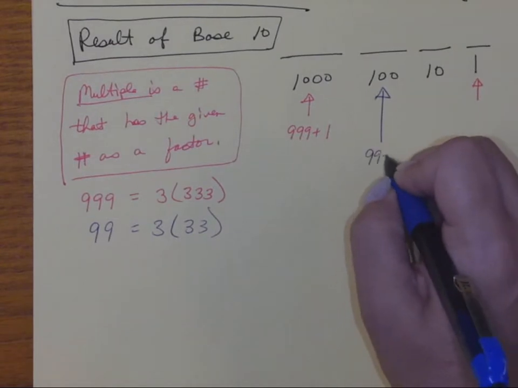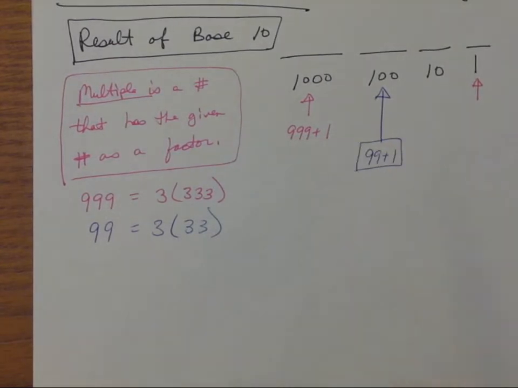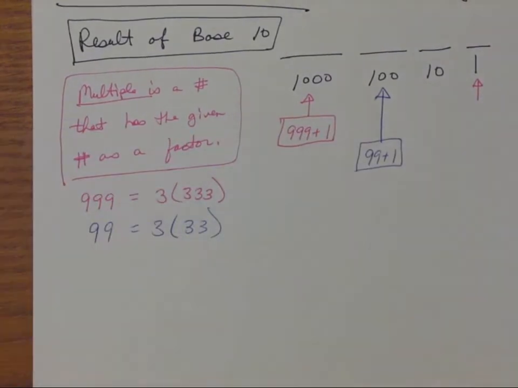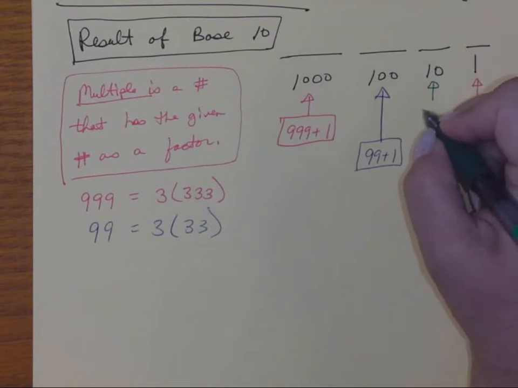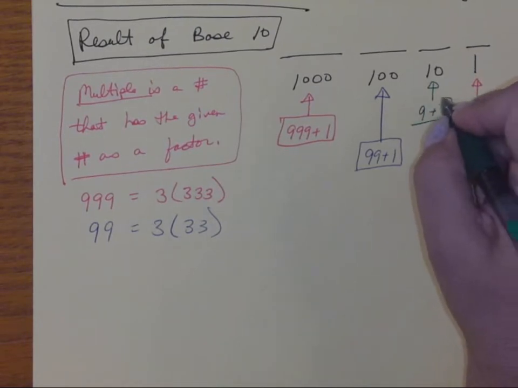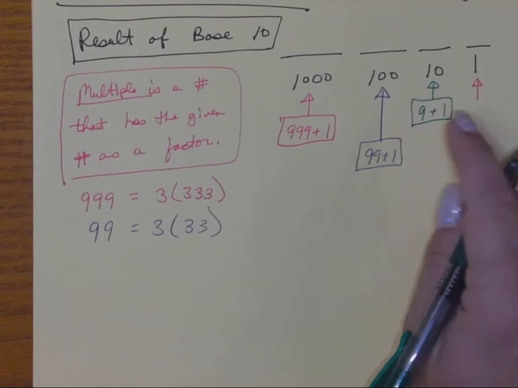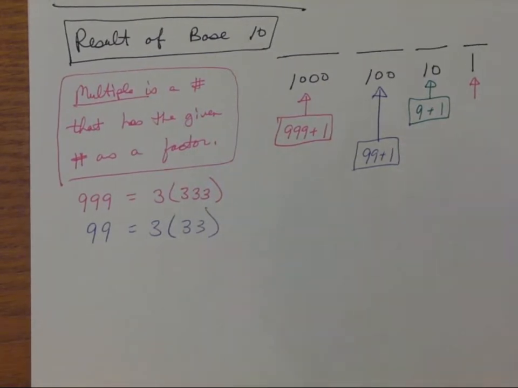So I can go 99 plus 1. Last but not least, this is 9 plus 1. And we all know that 9 is 3 times 3, so I think we can agree that 9 is a multiple of 3.